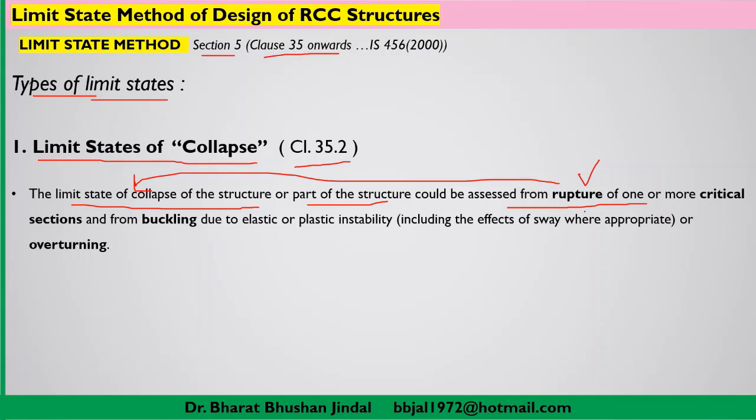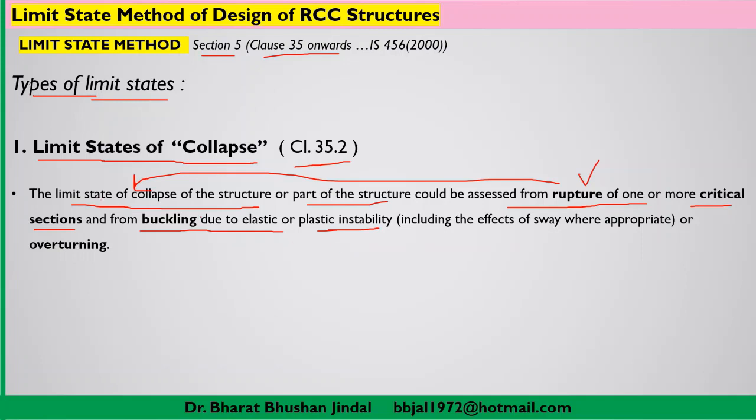So it can be assessed from rupture of one or more critical sections and from buckling due to elastic or plastic instability. That means if there is any buckling, just like bending, in any structural component, that means the structure has not collapsed, the structure is not failed, but it will be an indication that later on it can collapse.